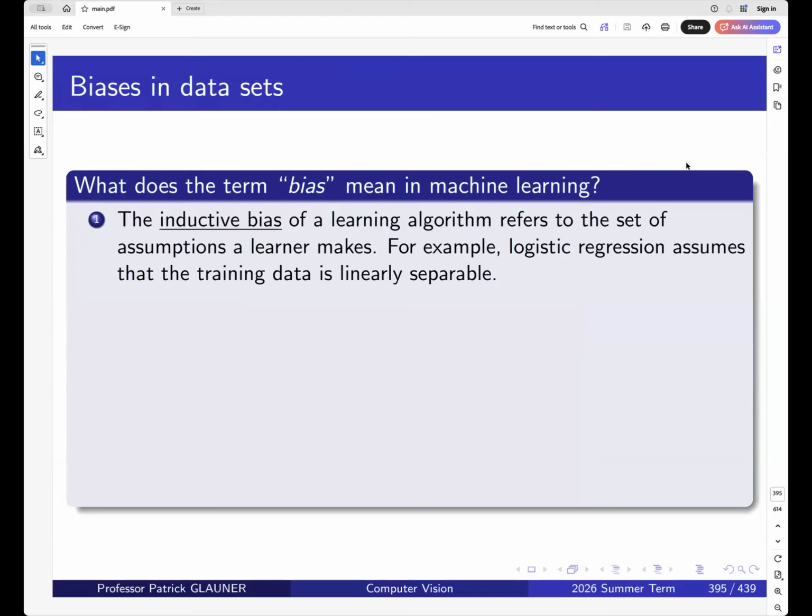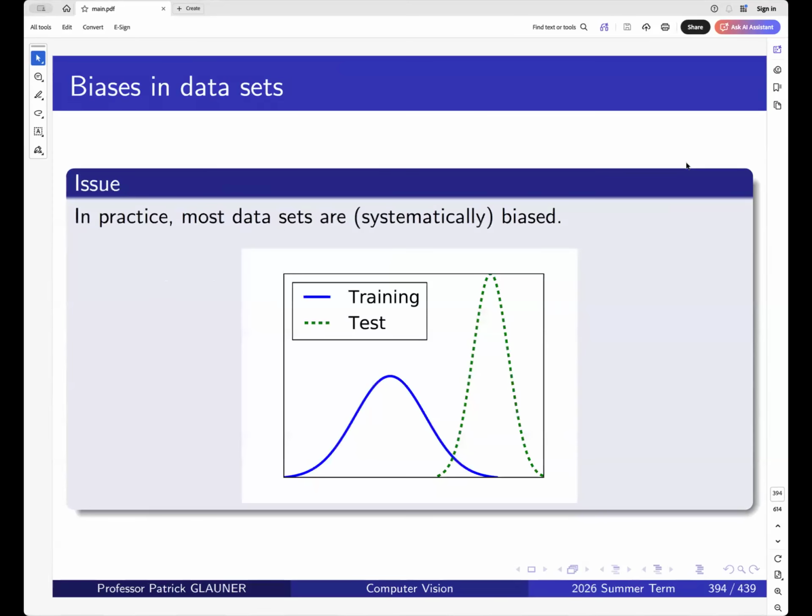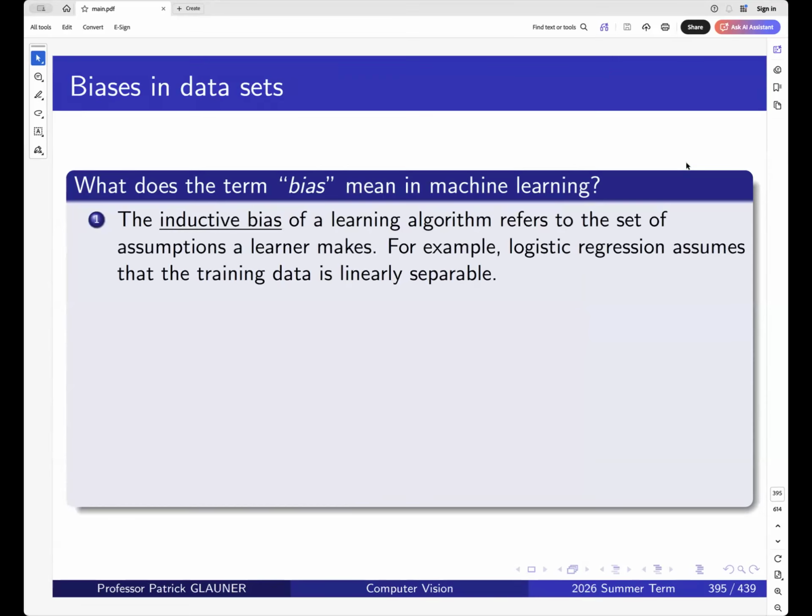Now, the term bias may actually mean a lot of different stuff in machine learning. We first look at various different things a bias could be, and then we'll look at this issue here, that the distributions of the training and test sets are different. So the term bias, and this is a summary, there may be more things that are called bias, but at least that's what was most obvious to me. Machine learning models have an inductive bias, and this is some set of assumptions that they make.